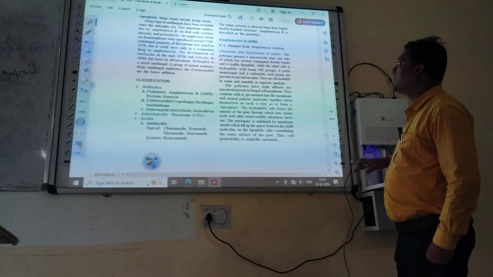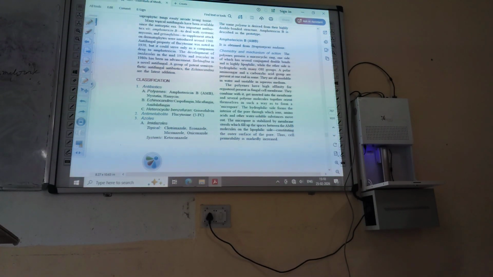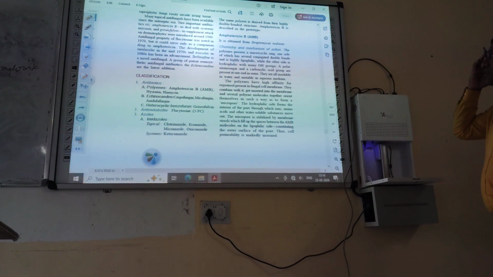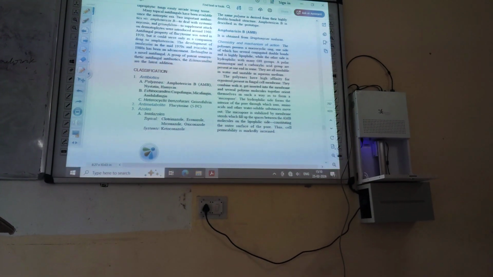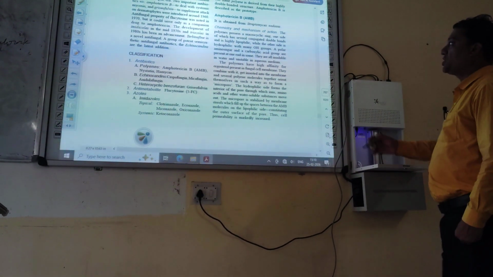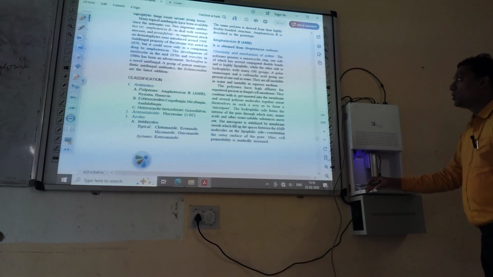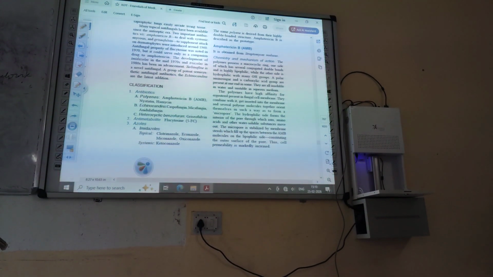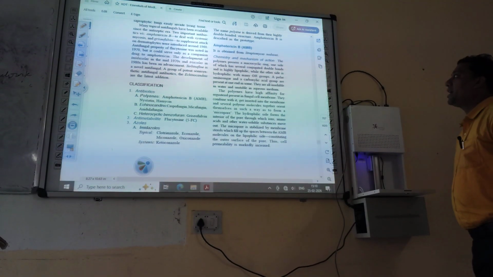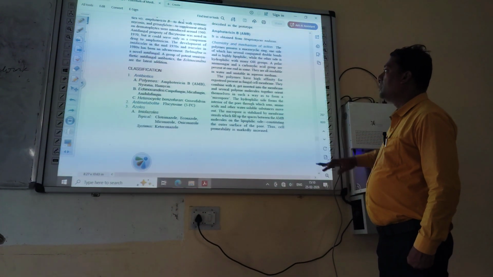Chemistry and mechanism: the polyene possesses a macrocyclic ring, one side of which has several conjugated double bonds and is highly lipophilic, while the other side is hydrophilic with many hydroxyl groups. A polar amino sugar and a carboxylic acid group are present at one end in some, and they are all insoluble in water and unstable in aqueous medium.